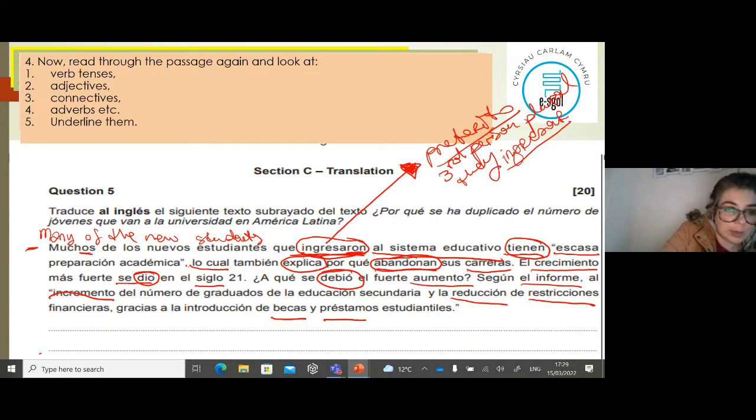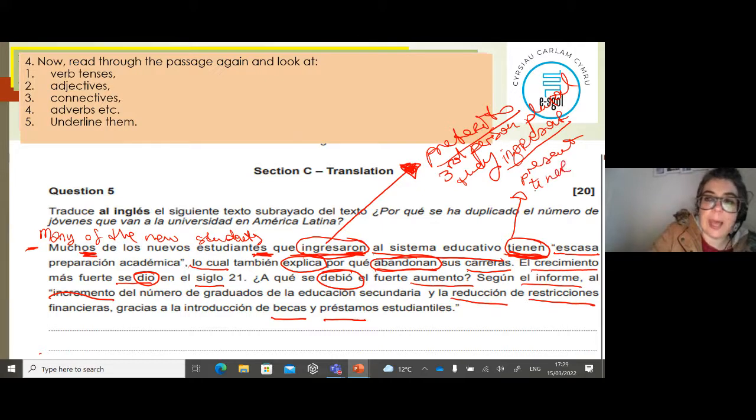Again, we know that this is plural, adjectives, muchos, so de los nuevos estudiantes, which came into the educational system, tienen. What tense is it? We know that it's present tense, third person plural of the verb tener, to have.